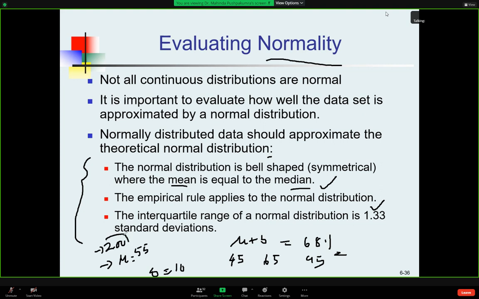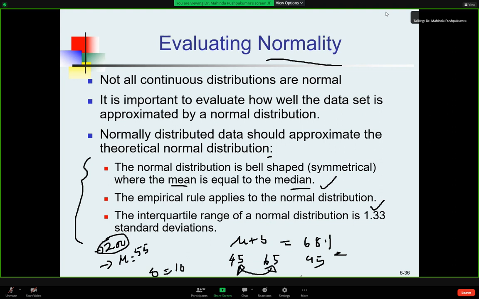Then your sample size is 200. There are 200 cases. Then you have to check in this sample how many observations are within this range. According to the empirical rule, how many observations should be within this range?